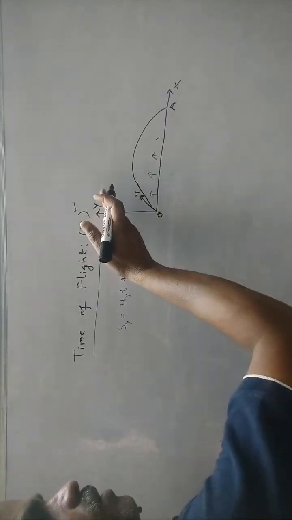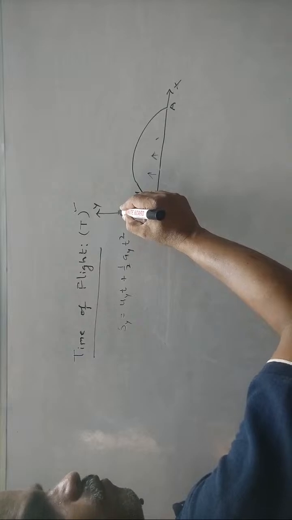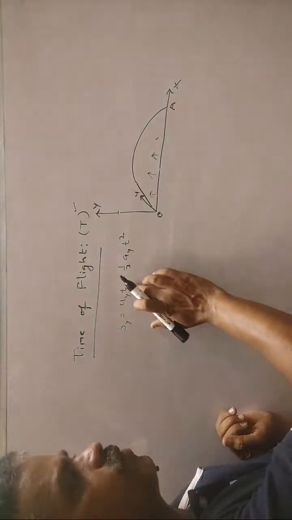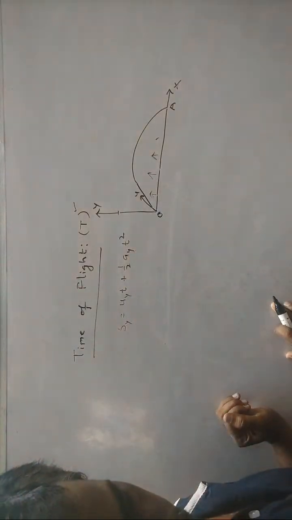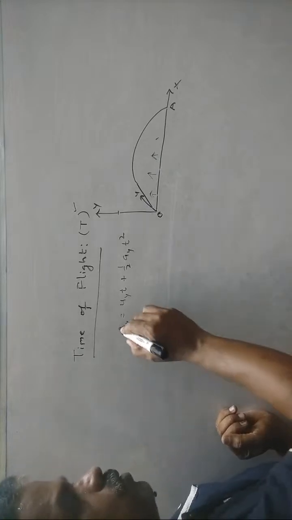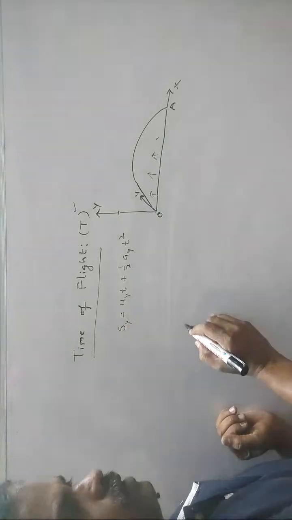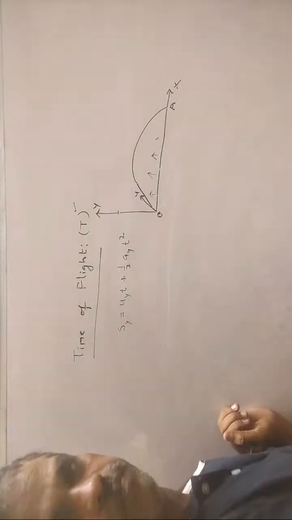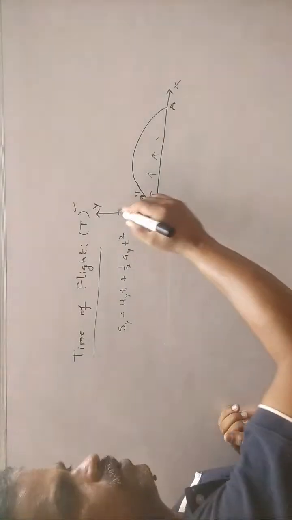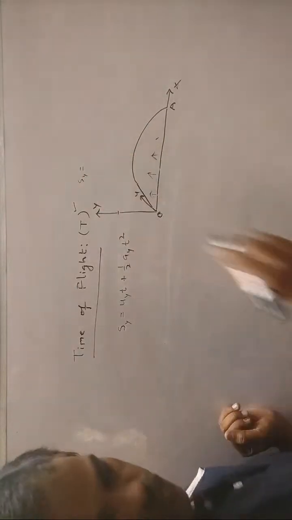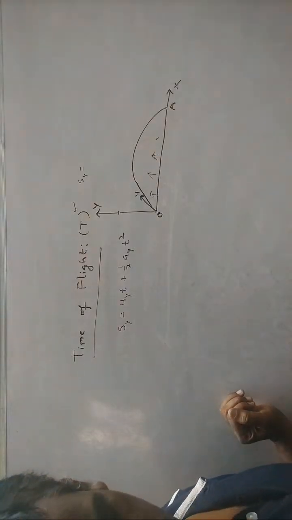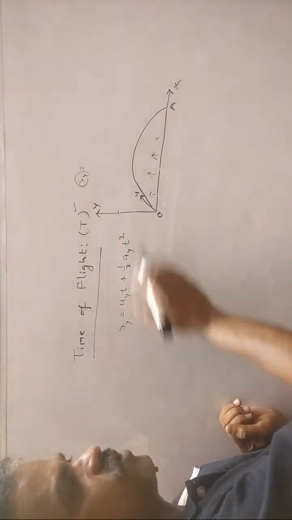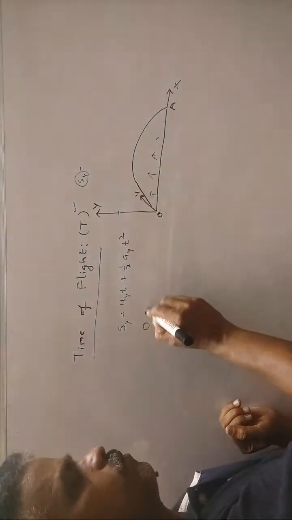Sy equal to uy into t plus half ay t square. Along the x-axis we got u cos theta into t, and along the y-axis we got the y component, but the resultant displacement along the y-axis is 0.